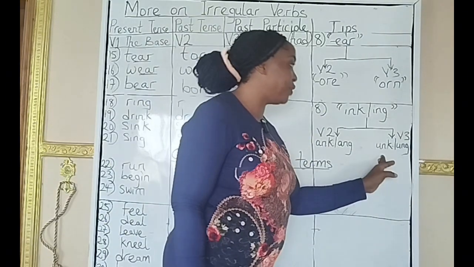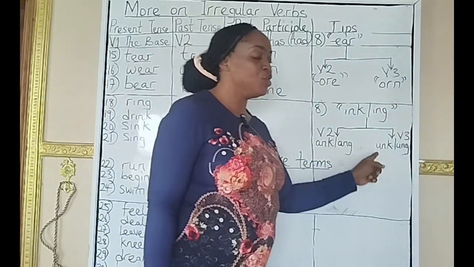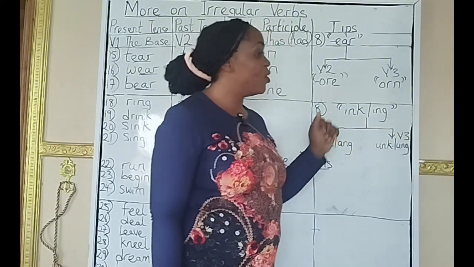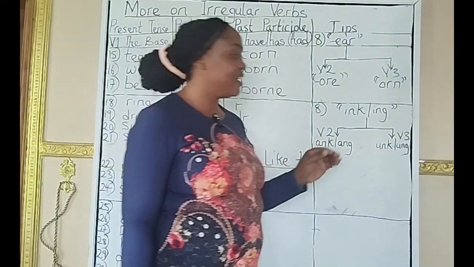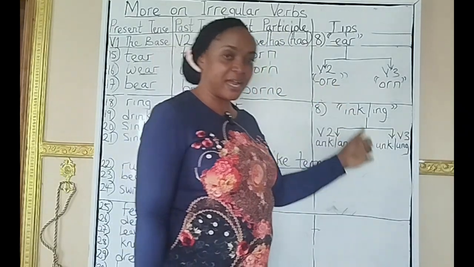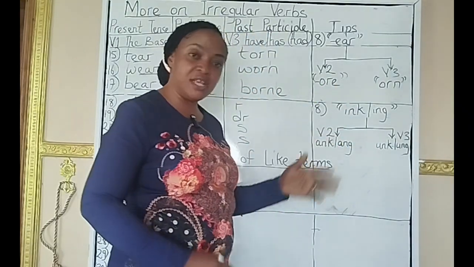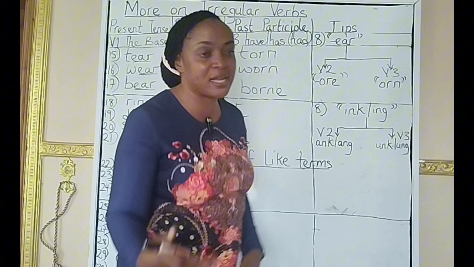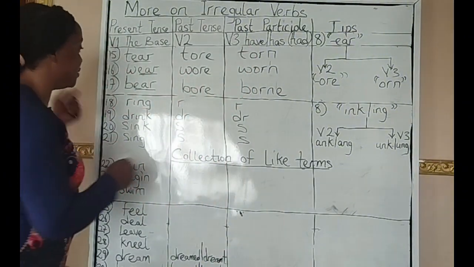And when we come to the V3, we change it to UNK for the ones that end with INK, and UNG for the ones that end with ING. Don't forget, V2 means past tense and V3 means past participle. Now let's do this together.